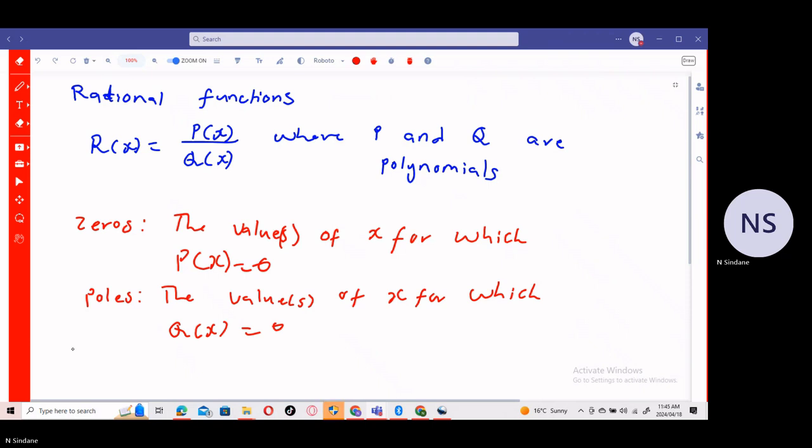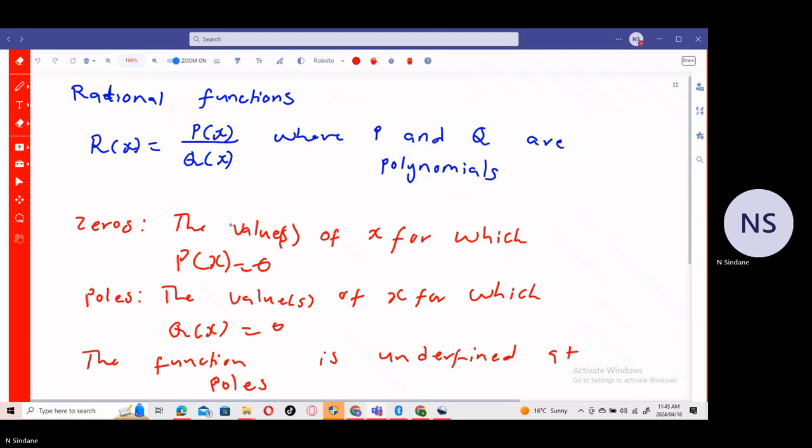The poles are where your function is undefined. It's undefined at the poles.